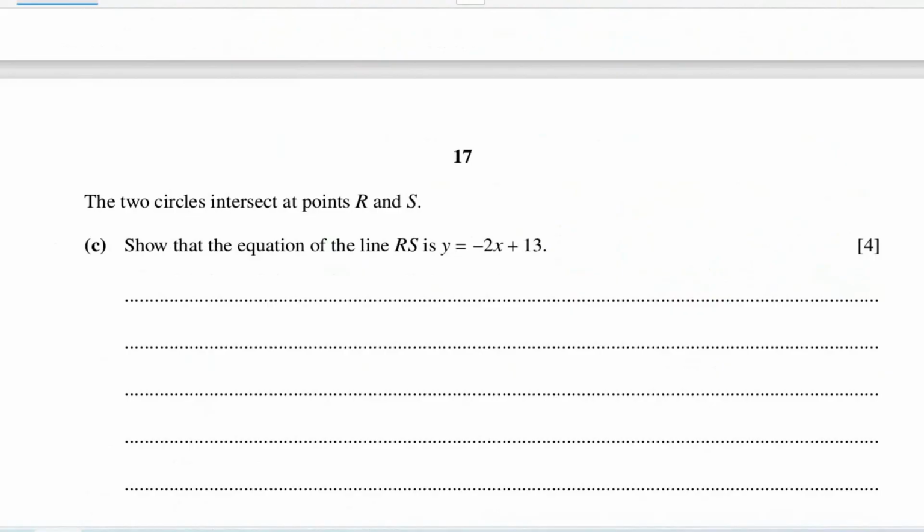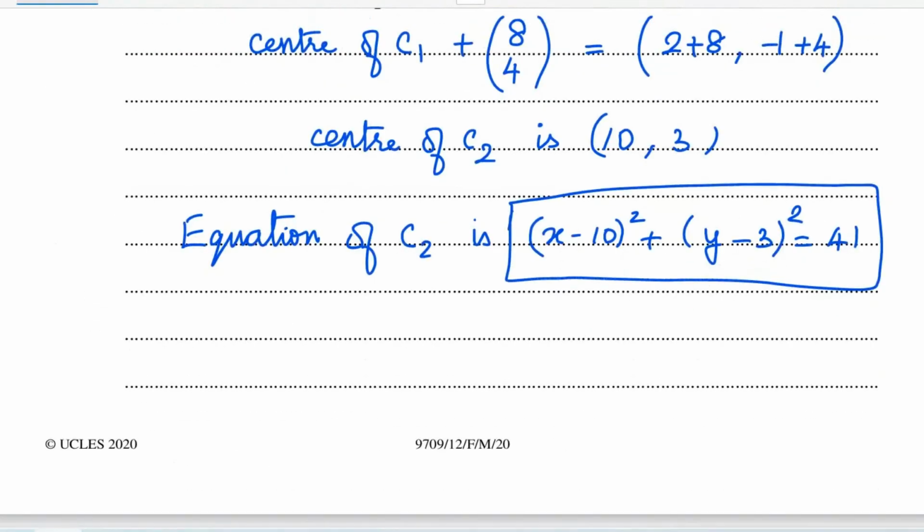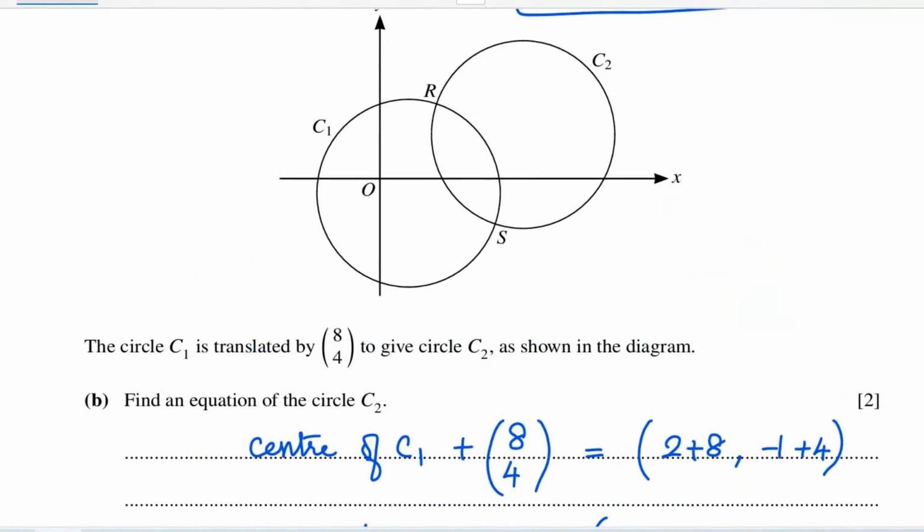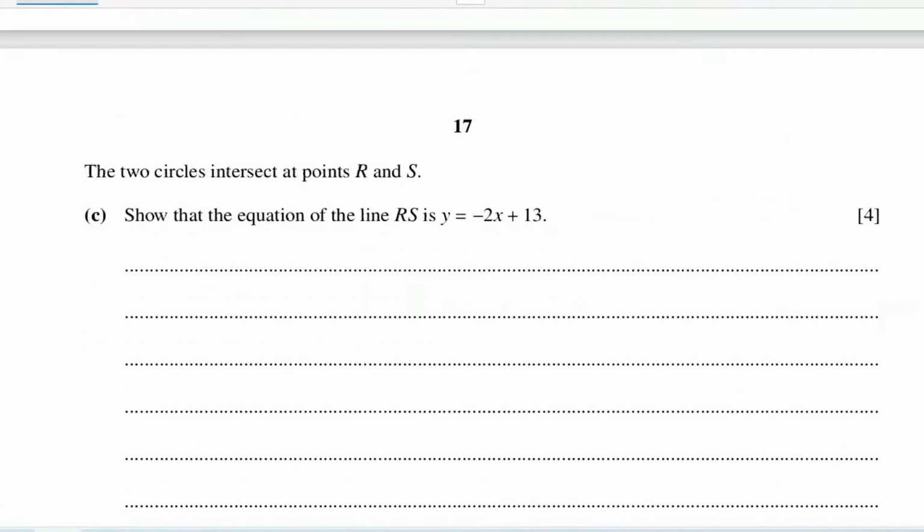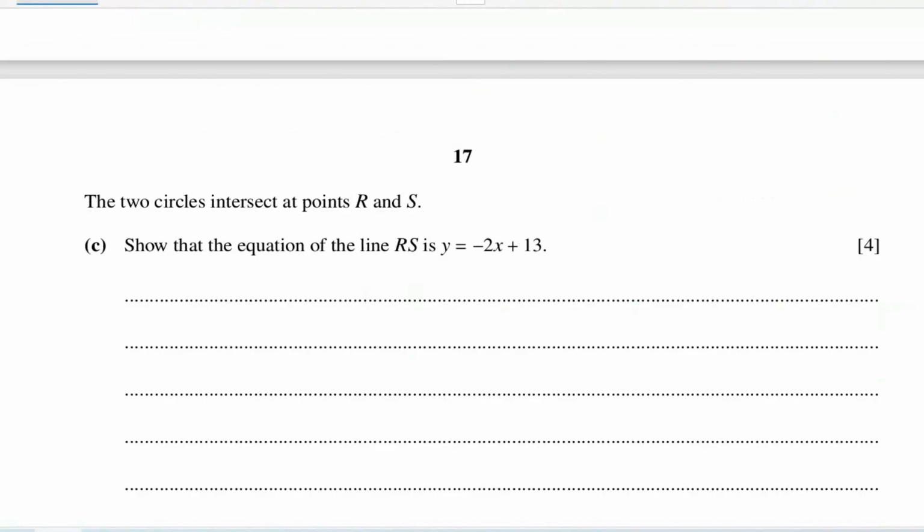The next part of the question is: the two circles intersect at points R and S. Show that the equation of the line RS is y is equal to -2x plus 13. It's given the circles C1 and C2 intersect at 2 points R and S. So to find the point of intersection of two circles, we will equate the circles, because at the points R and S the circles are equal.